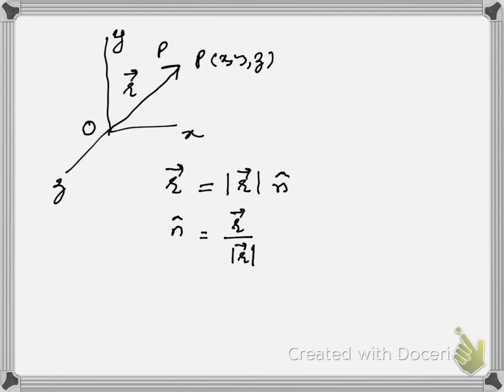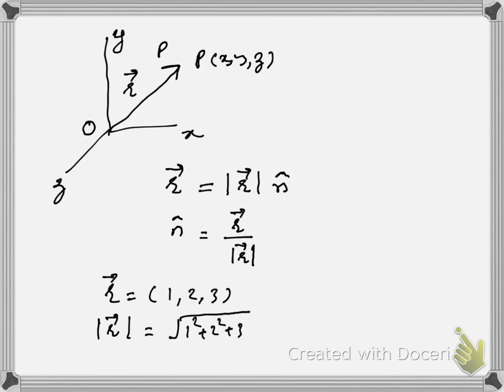Suppose R is equal to 1, 2, 3, then magnitude of R is equal to square root of 1 square plus 2 square plus 3 square. It is equal to square root of 1 plus 4 plus 9.